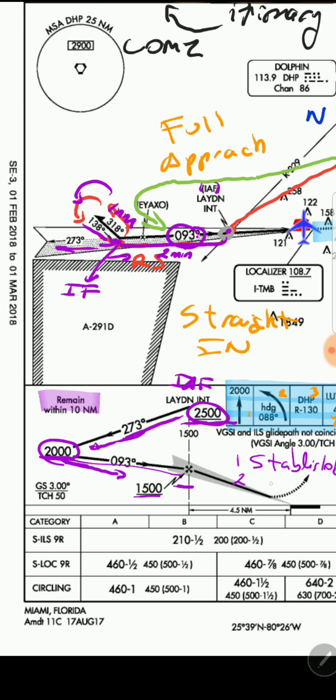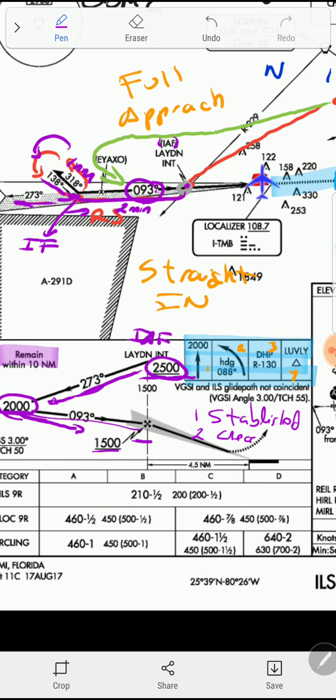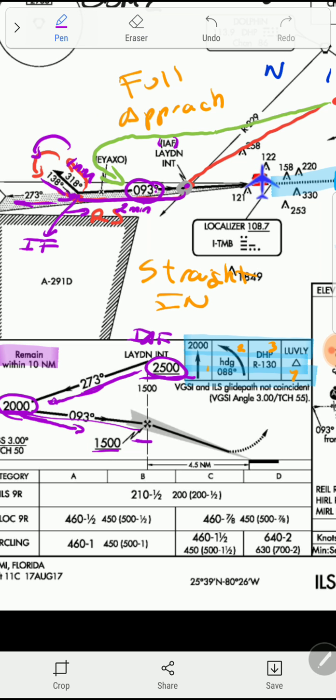And second, you need to be cleared to execute the approach. Okay? You need to be established and you need to be cleared for the approach so you can start descending from your altitudes.